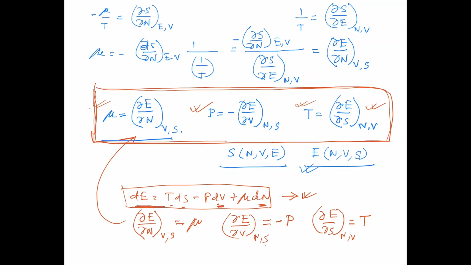The rest of the thermodynamics will follow straightforwardly. For instance, the Helmholtz free energy F, the free energy G and enthalpy H we can find as follows. Helmholtz free energy F is equal to E minus TS.